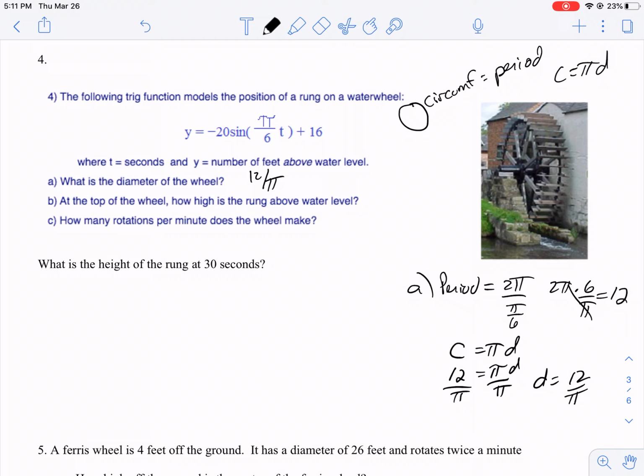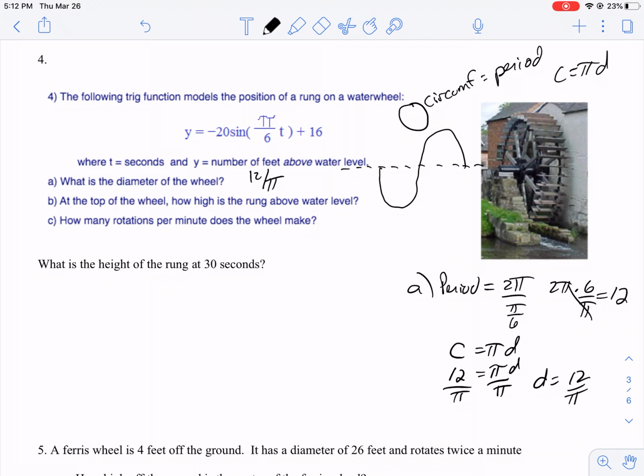Part B, at the top of the wheel, how high is the rung above water level? Alright, well, we have a negative sine curve, which tells me that it starts, it goes down, goes down the trough, up the hill, and back. So that's a graph of what our equation is.